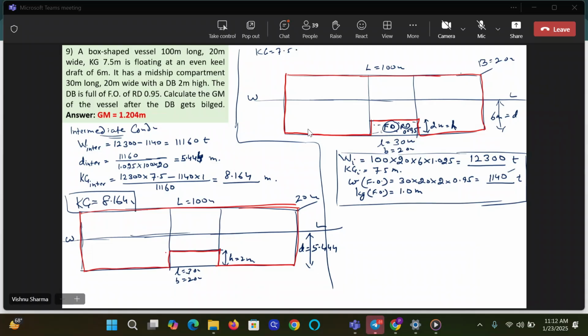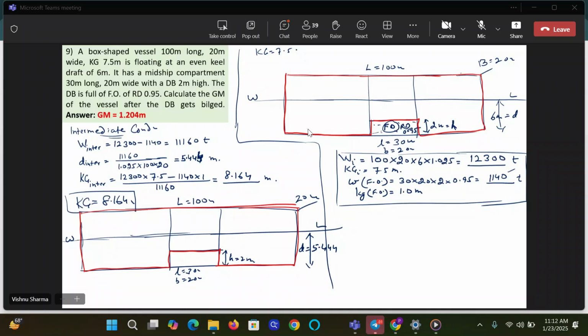Are the red parts of the ship in the two conditions, intermediate and initial, exactly the same, or have we changed anything there? Same, sir. Where is the difference? Difference is only the dB. Correct, guys? In these two conditions, the differentiating part is only the dB.